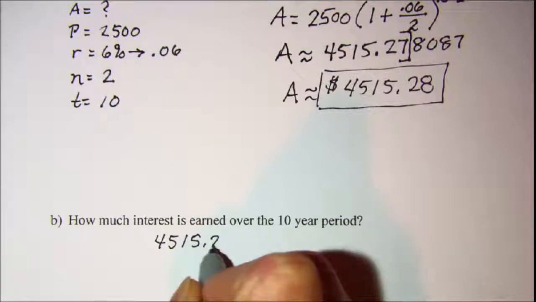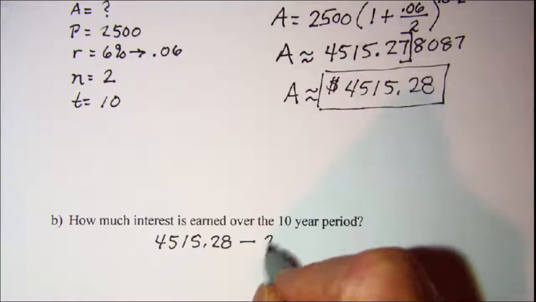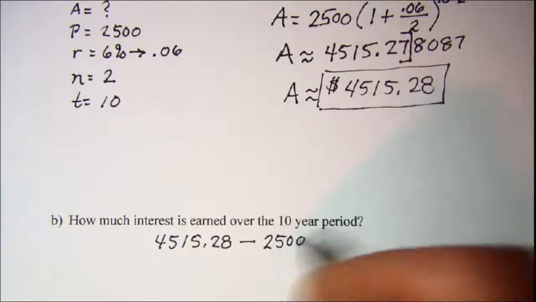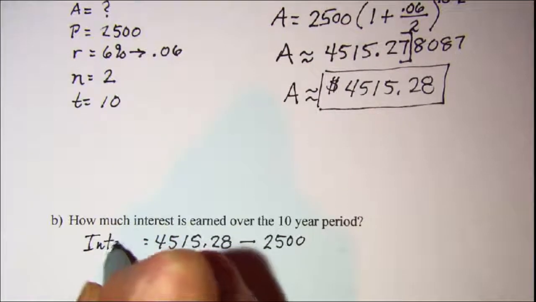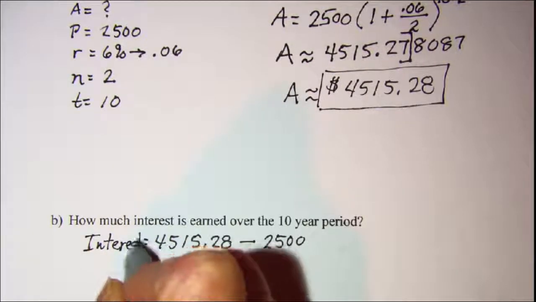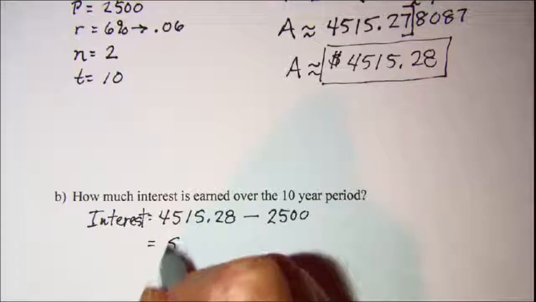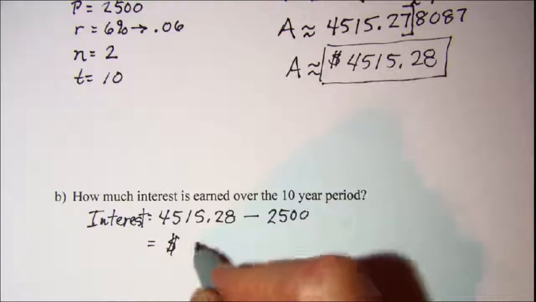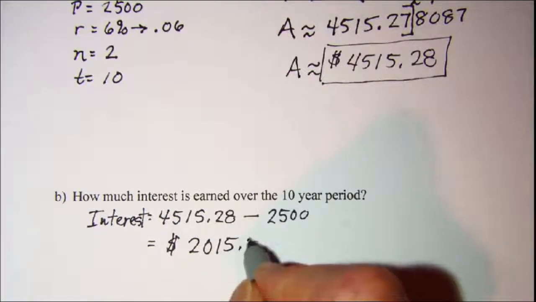Subtract $2,500, and that's going to be my interest earned. And we have $2,015.28.